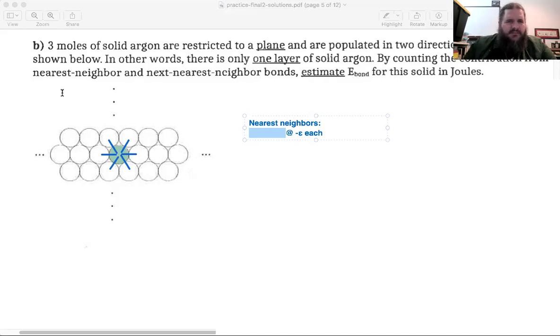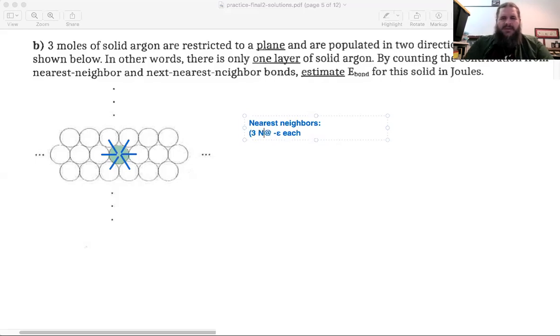I thought it started by saying 3 moles of solid argon, right? 3 moles is how many atoms? Or how many atoms are in 1 mole? What do we call that amount? What does 1 mole mean? Yeah, that's Avogadro's number. So 3 moles would be 3 times Avogadro's number.